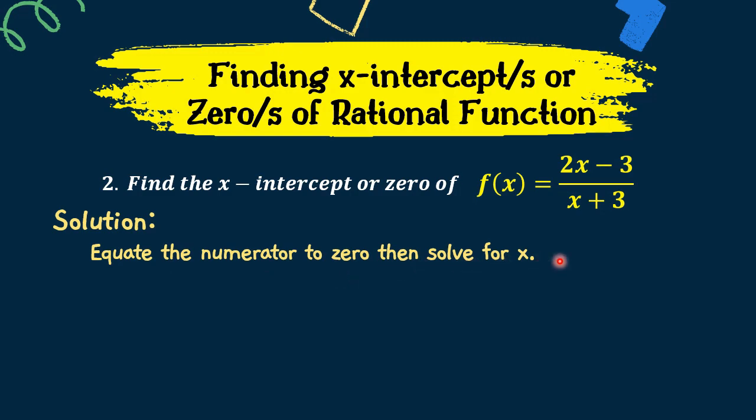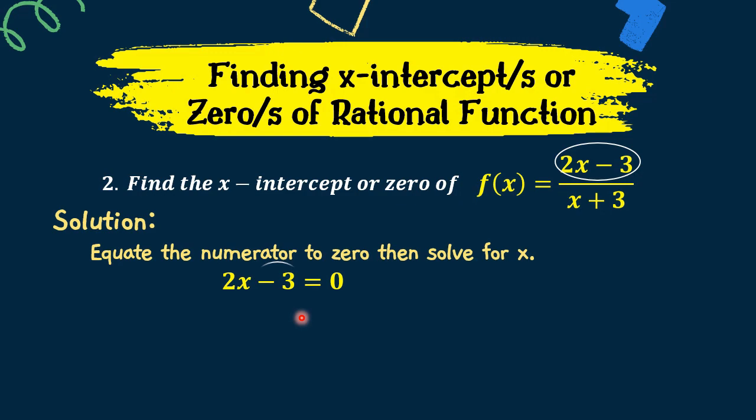Our numerator is 2x minus 3. We equate the numerator to 0 in order to find the x-intercept or the zero of this rational function, and then we solve for x.